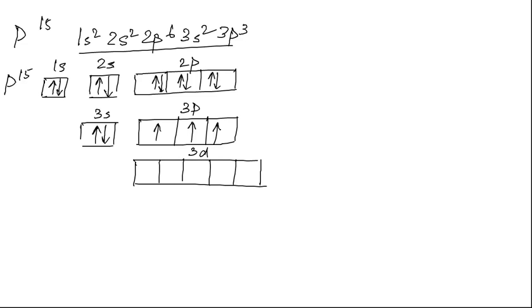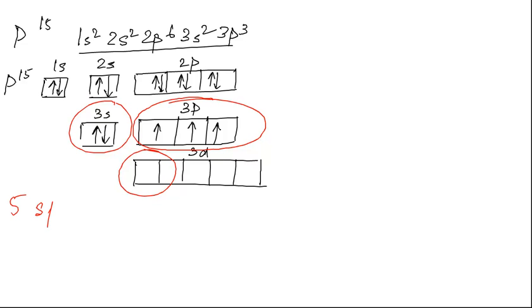So we can say that this 3s, the 3p orbitals and one 3d overlap to give rise to 5 sp3d hybridized orbitals.